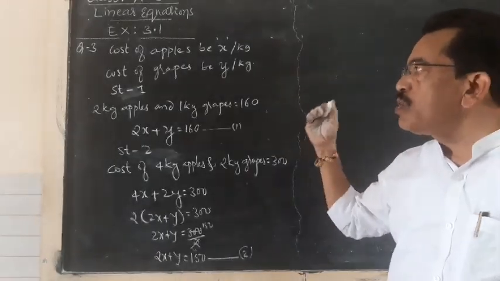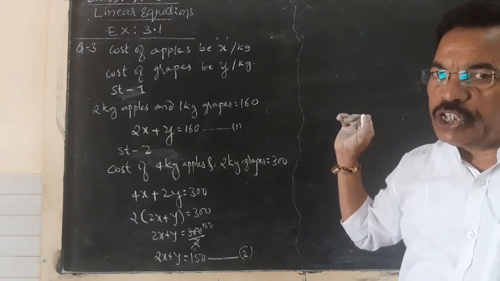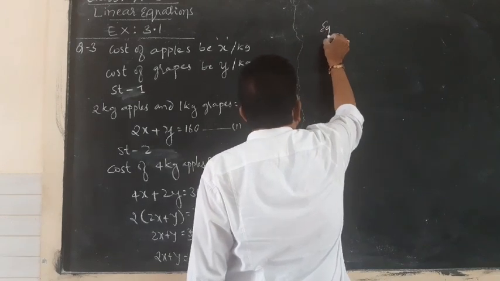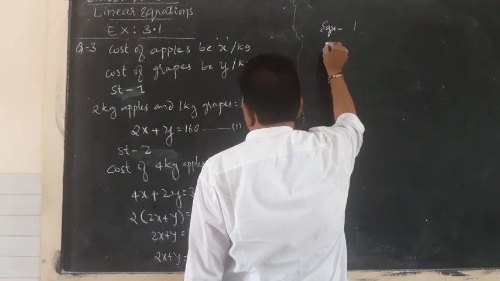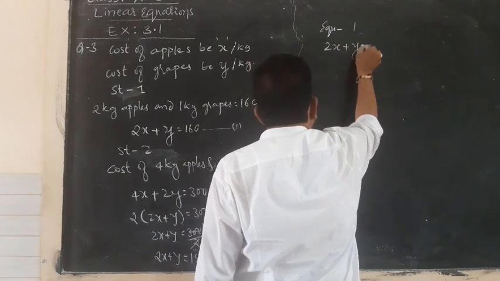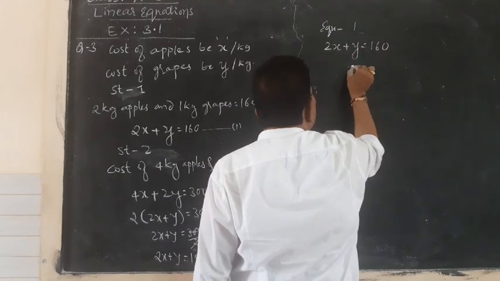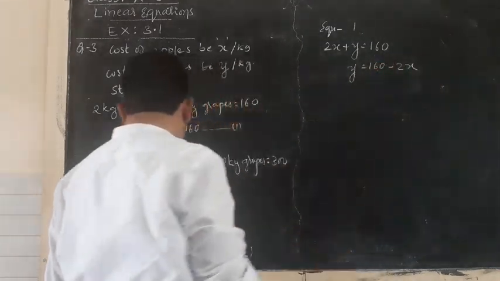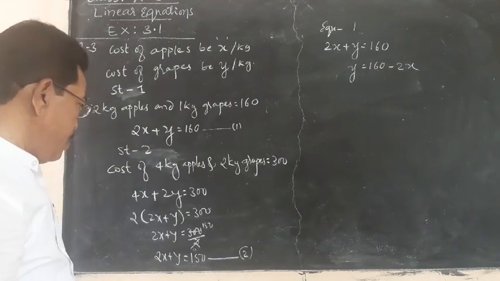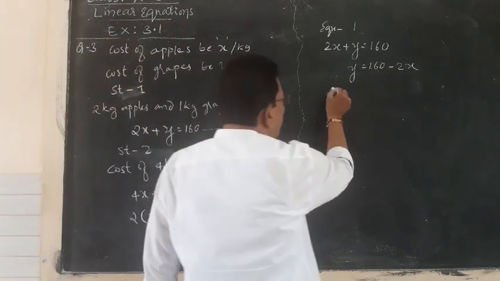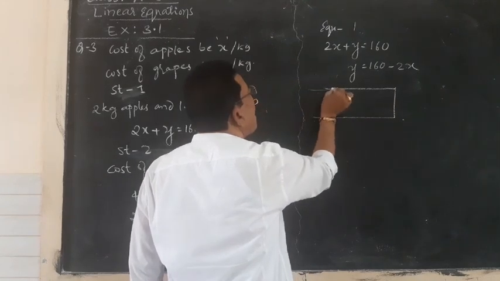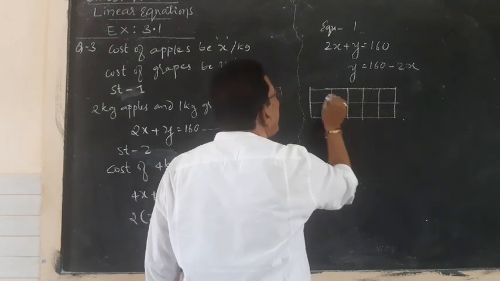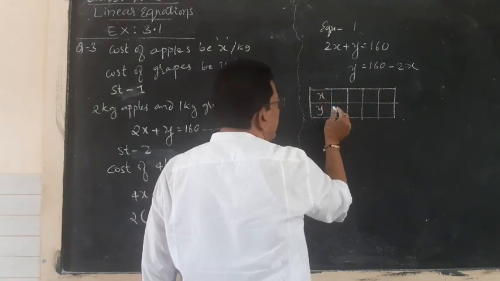Let us represent them one by one graphically. Consider equation 1, 2x plus y equals 160. Y equals 160 minus 2x. Tabulation, x, y.